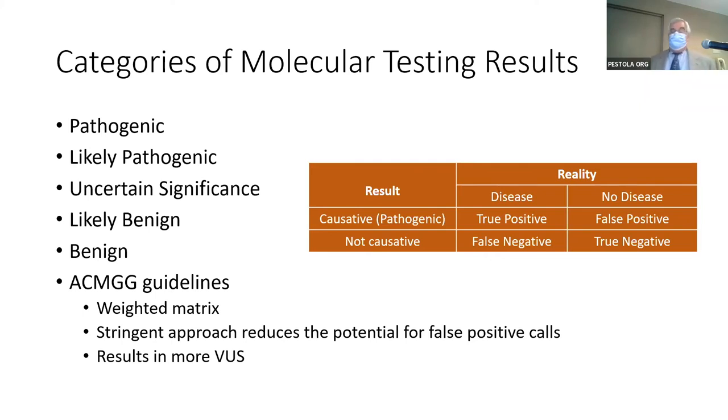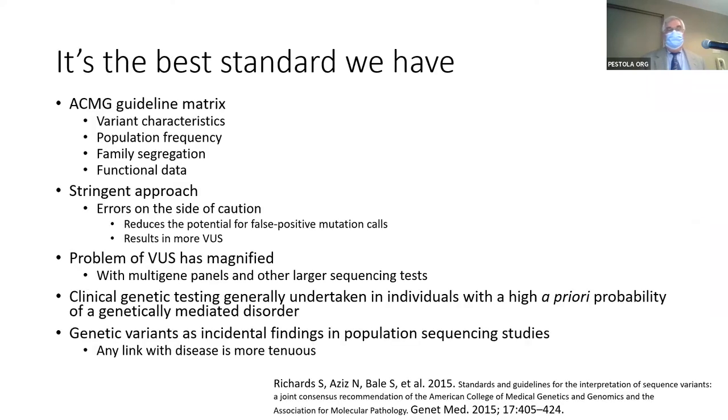It gives you a reduced potential for false positives, and it results in way more variants of unclear significance. But it's the best standard we've got. It uses variant classification, population frequency data, family segregation data when available, and is heavily weighted towards functional data, which we're in short supply of.